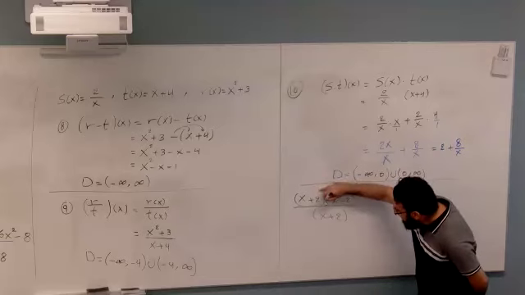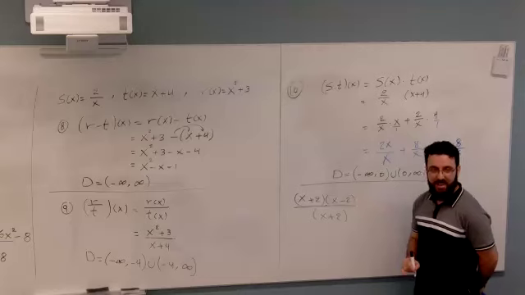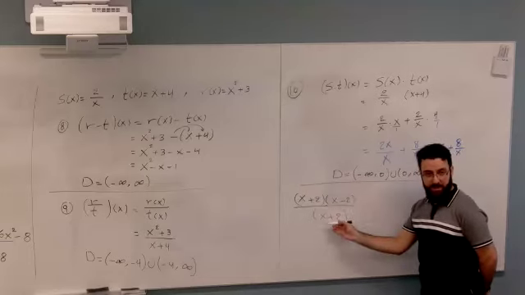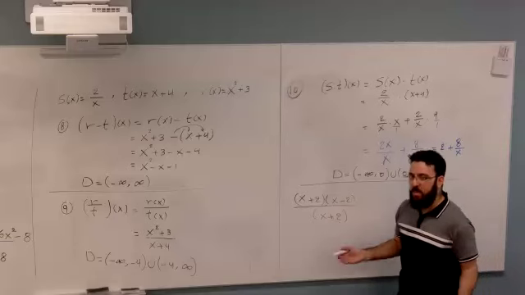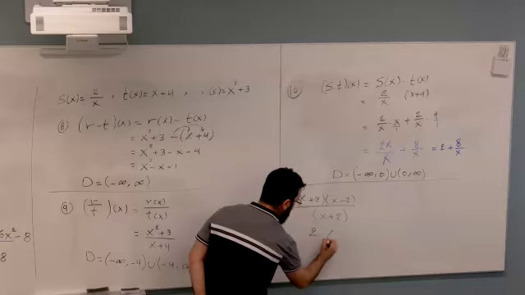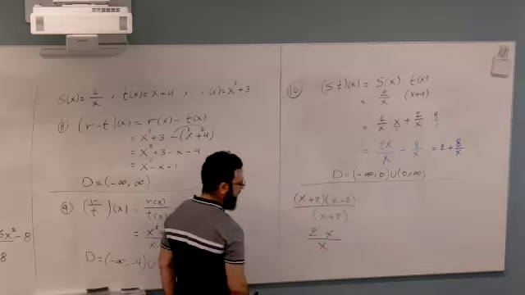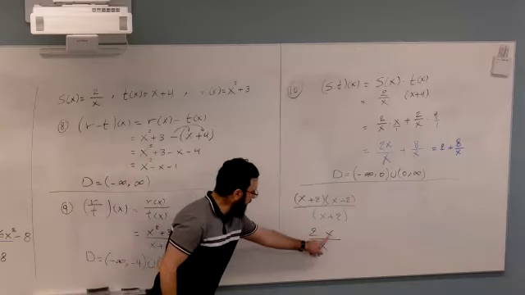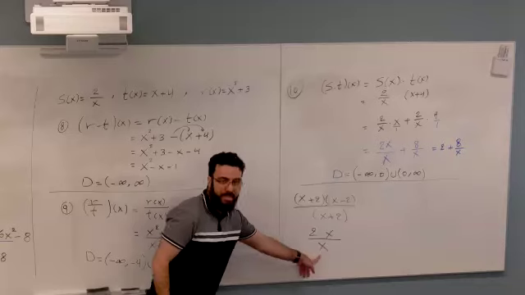Because it's parentheses and here's multiplication. This parentheses multiplies by this parentheses over this one. It's the same thing when you're saying 2 times x divided by x. Is that okay? It's 2 times x over x. I can cancel x with the x.